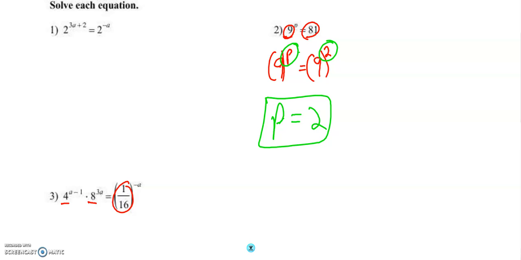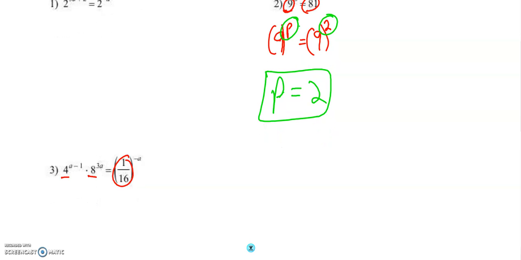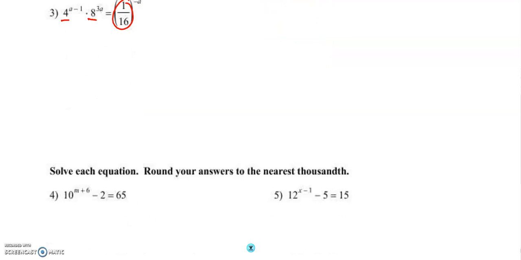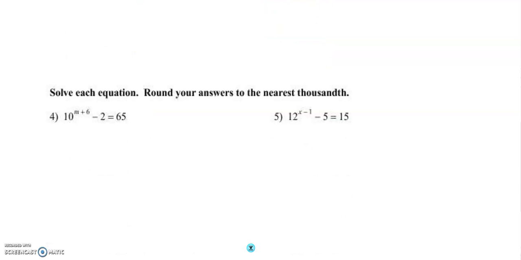So refer to the problem I just did and the notes and the videos to help you with 1 through 3. Moving on to 4 and 5, you're going to need to eventually use the scientific calculator, or you can use Desmos to answer the problems, but we'll get to it. I'll let you know when that happens.